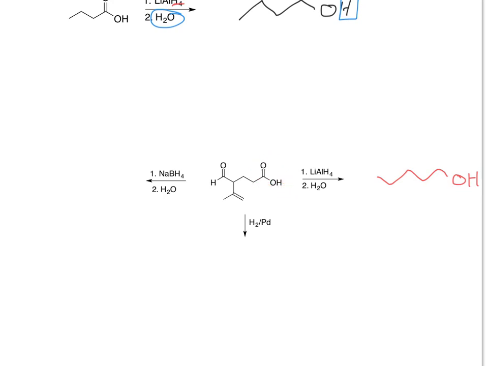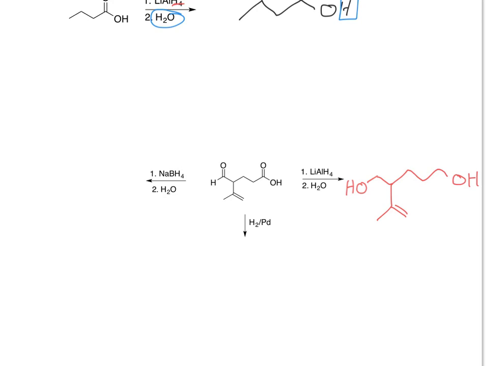We're going to keep the carbon framework on the bottom, and it's going to leave the alkene alone, but it's still going to reduce the aldehyde. So it'll take that aldehyde and make it into an OH. What this does is take this aldehyde to an alcohol, and it also reduces the carboxylic acid to an alcohol, but it leaves the alkene alone.